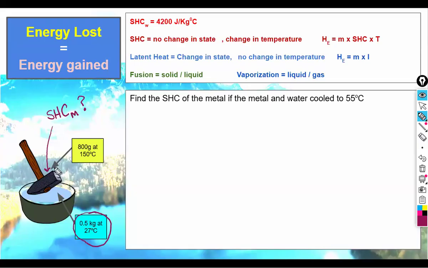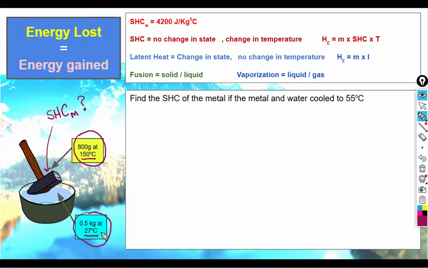And then you have the metal, you have 800 grams of it at 150 degrees Celsius. And look at the temperatures, the temperatures make a difference. The metal is 150 degrees Celsius. The water is just a mere 27 degrees Celsius.